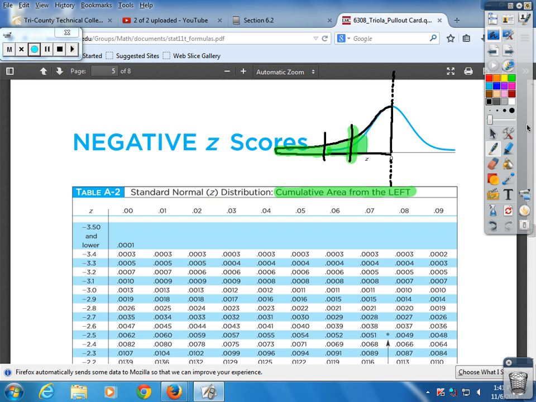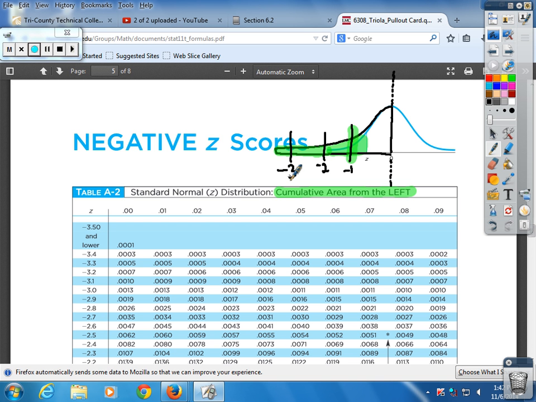But anyway, this is point negative 1, and that's negative 2. So if I wanted to find the area right here at negative 2, I look at negative 2.0, which is pretty good. At negative 3, I look at negative 3.0.